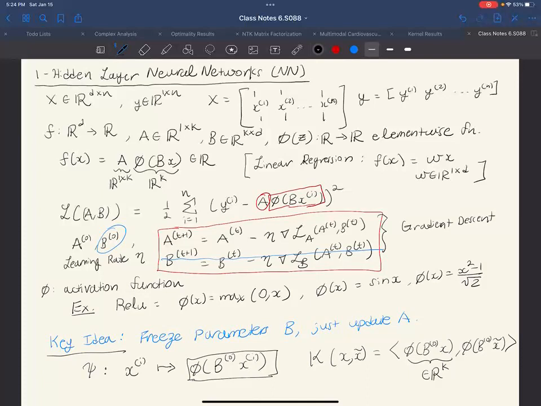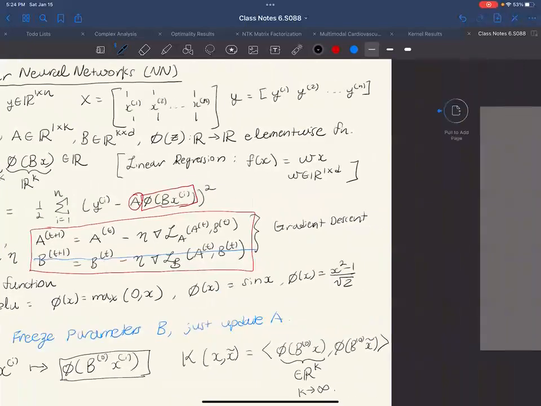We're going to multiply the neural network predictions by some constant so that this inner product actually converges as k goes to infinity. So we will be able to compute explicitly a kernel corresponding to an infinite width neural network where only this last layer a is trained. So let's make that idea a bit precise.